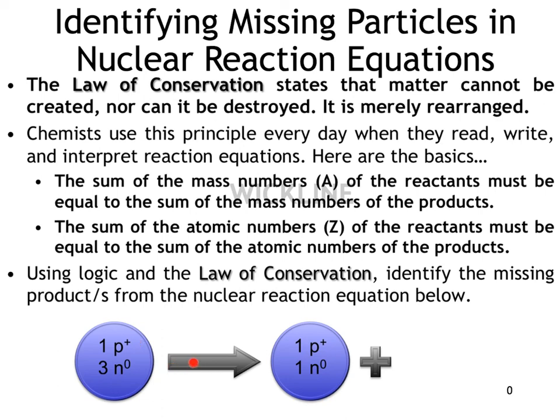But if you look on the other side of this arrow, what you really see is 1 proton and 1 neutron. So it would seem that we're missing 2 neutrons. So what I'm asking you to put in right here is another particle that contains 2 neutrons. So there's my particle that has 2 neutrons.